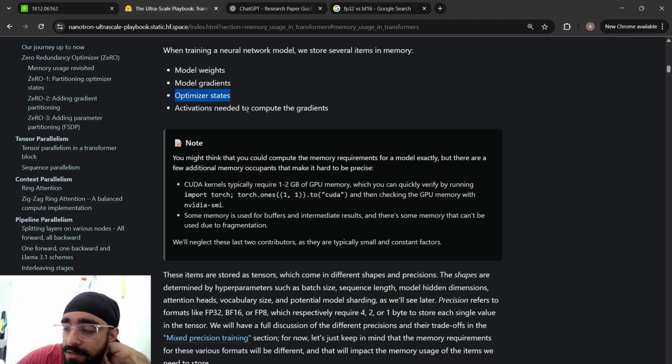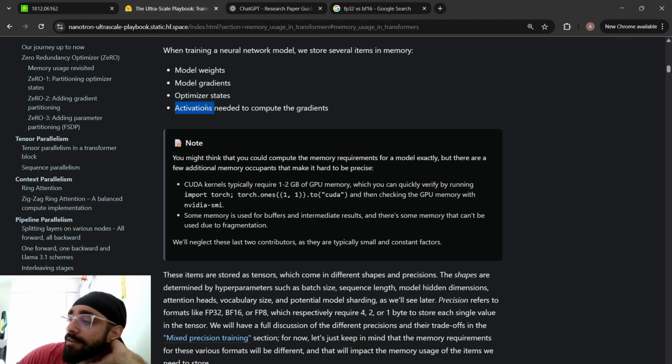Optimizer states depend on the optimizer, but let's say you're using something like AdamW. For each parameter, you need to store two variables in the AdamW optimizer. Assuming FP32, instead of 4 megabytes you'll have 8 megabytes required by the optimizer states.